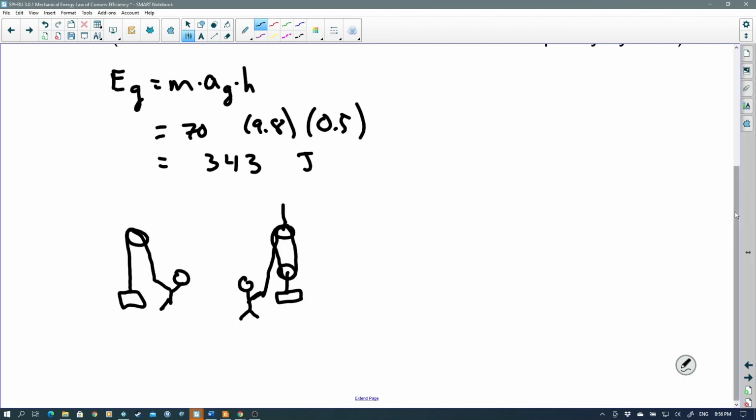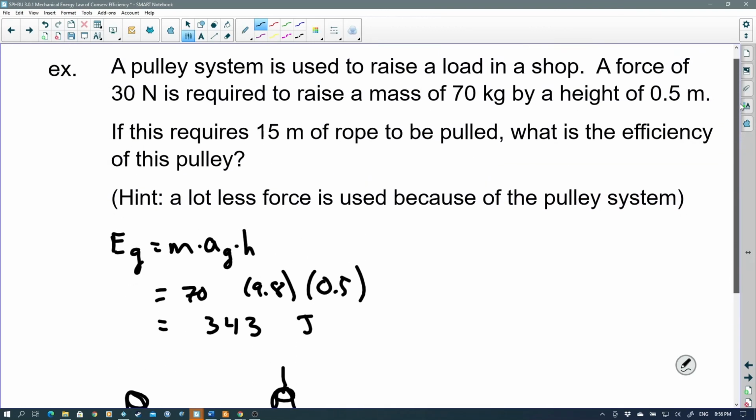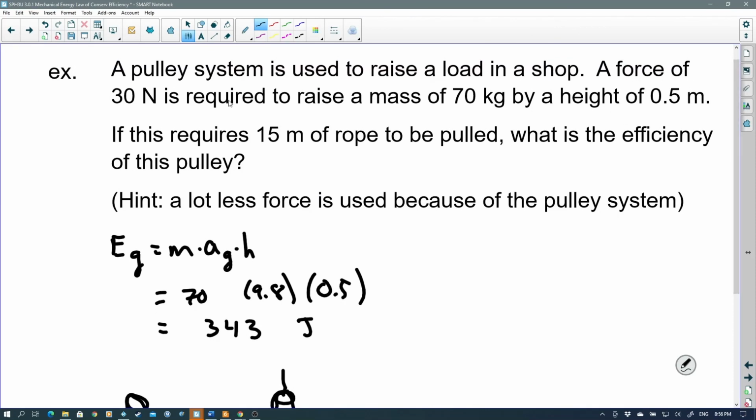So if we look at this question up here, I'm telling you that you're using a force of 30 newtons, but you're using 15 meters of rope. Let's calculate the work being used. Work is equal to F times d times cosine theta, but theta here is equal to 0 again, because the force and the displacement of the rope are in the same direction. So it's basically force times distance.